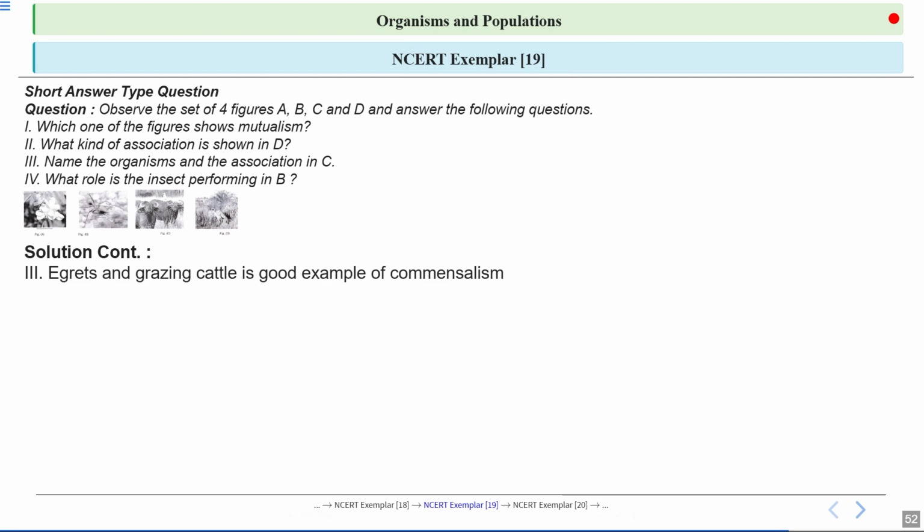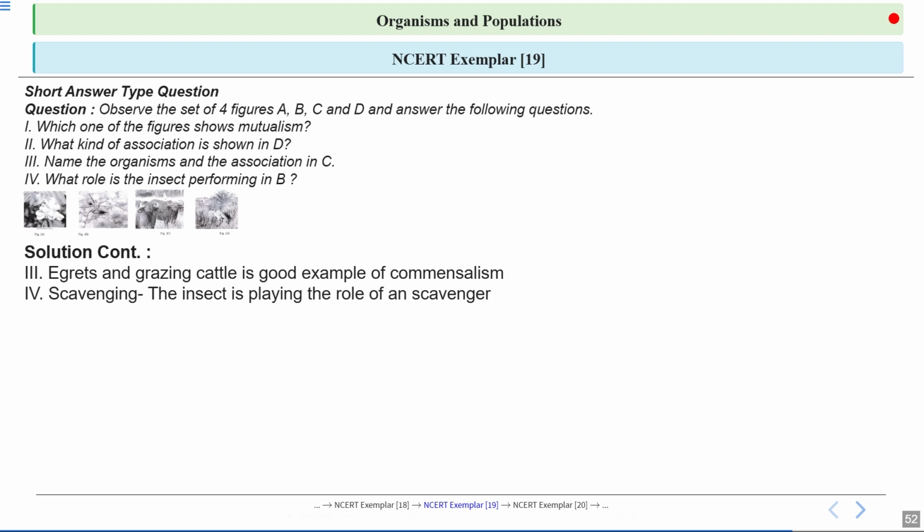Now, third one, these are the egret and grazing cattle, and this is a very good example of commensalism. Here, the egret is getting benefited by eating insects stirred up by the cattle, but the cattle is unaffected. It is neither harmed nor benefited. Next, question number 4. What is the answer?